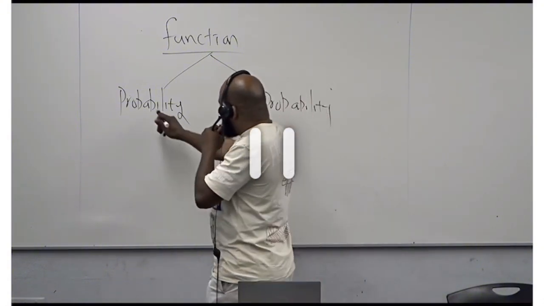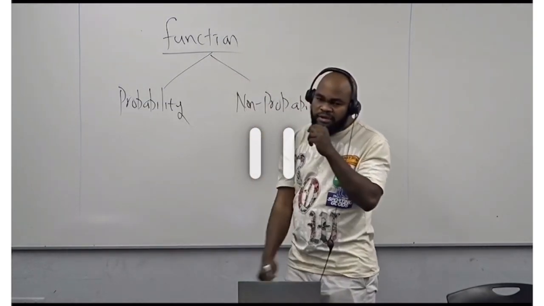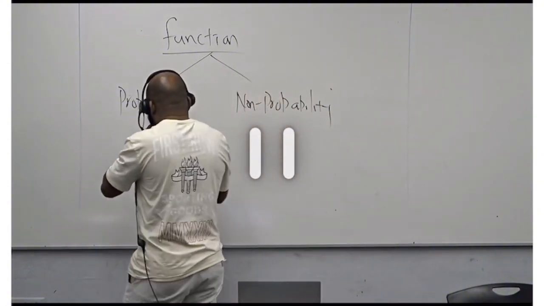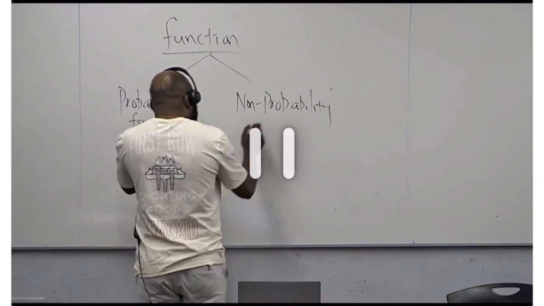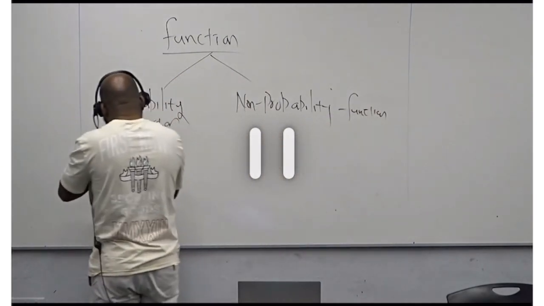If I want to know whether my function is a probability function, of course, it must obey what I call the Kolmogorov axioms.